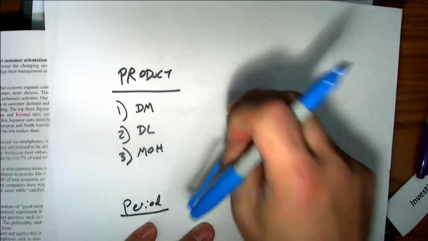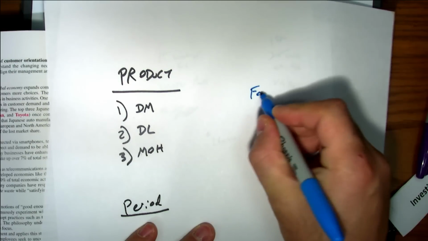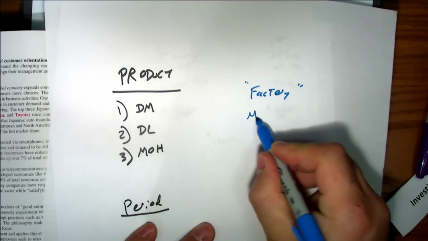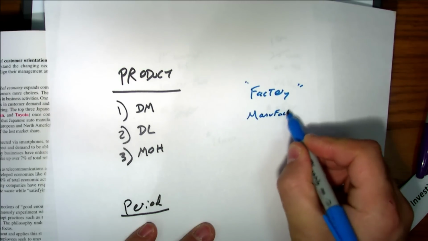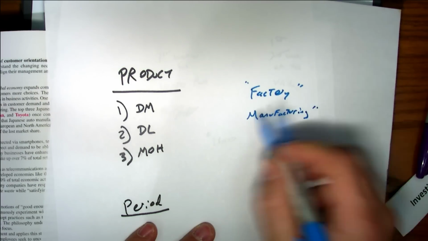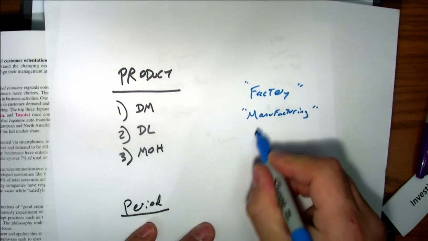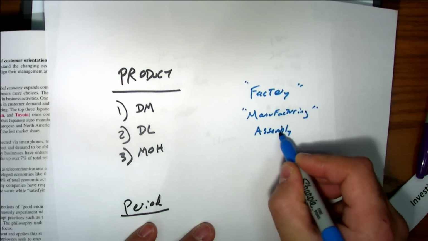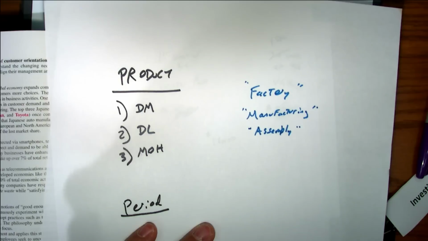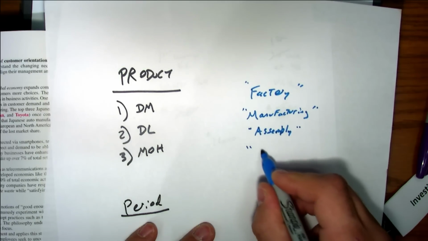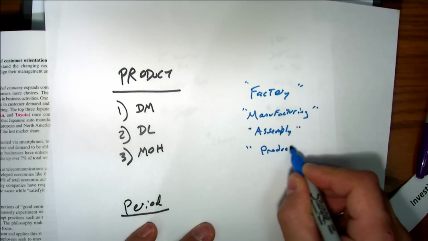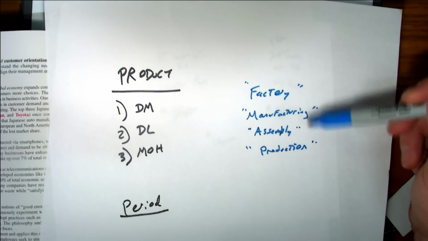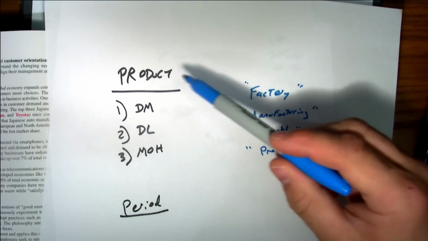If you see the word factory, manufacturing, assembly, or production, if you see one of those 4 words in the cost description, you know it is a product cost.